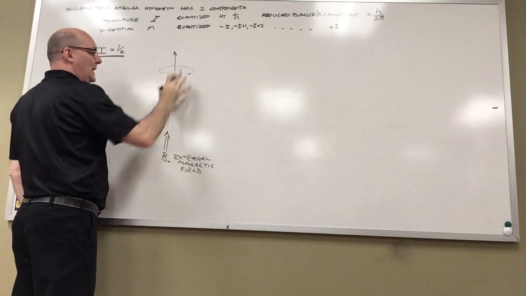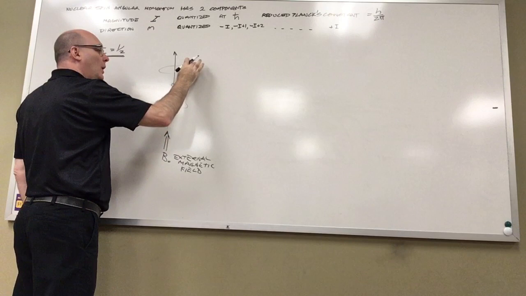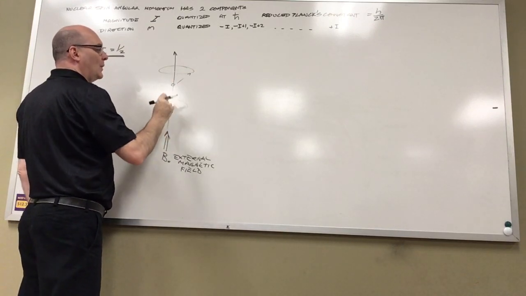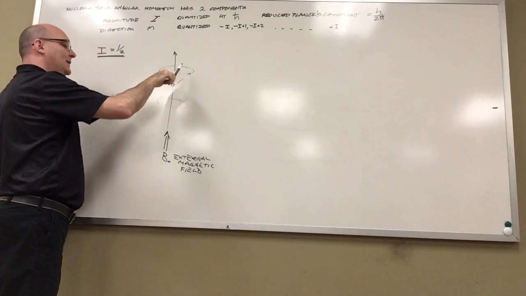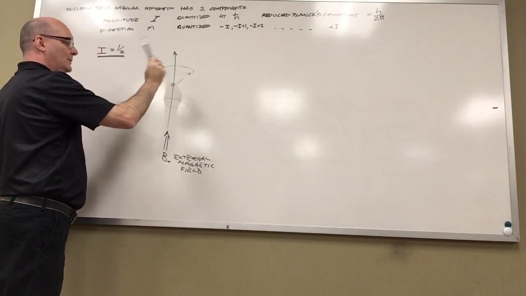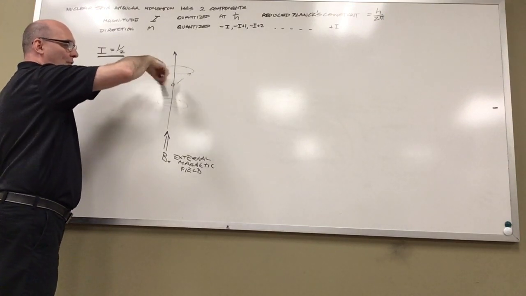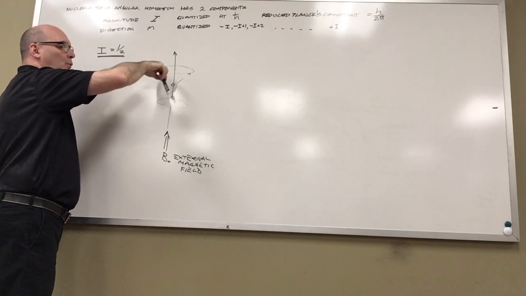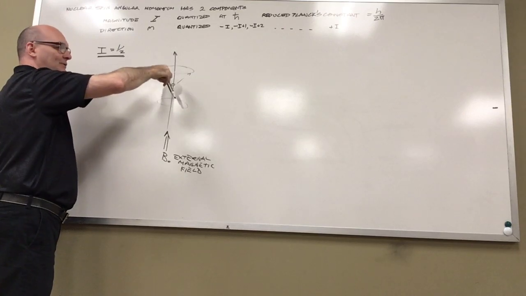But what we're going to say is that it can only actually be in one of these two states. I'm going to allow the nucleus to precess this way or that way, and when it relaxes, it's in one of these two states.